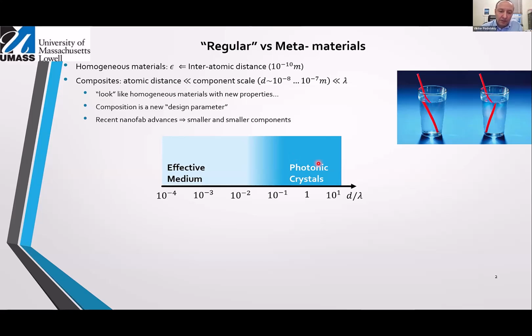Then as you make your material components smaller and smaller, you converge to the effective medium regime, where your material behaves like a brick with some effective new parameters. The smaller the scale, the better the effective medium. That's what we've been told.